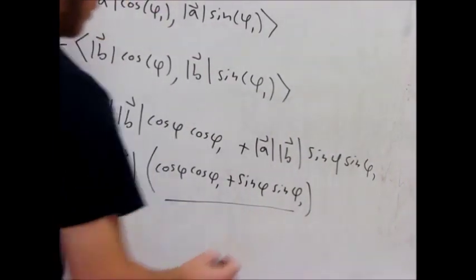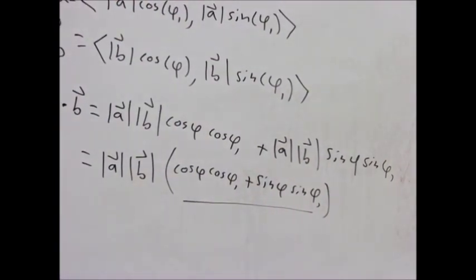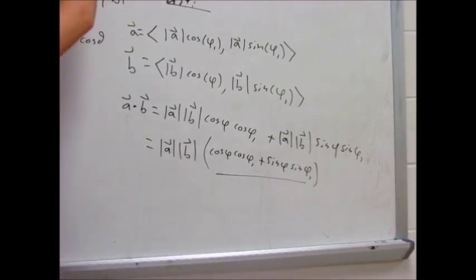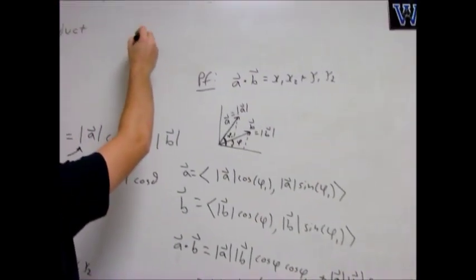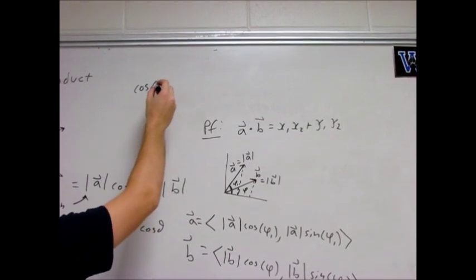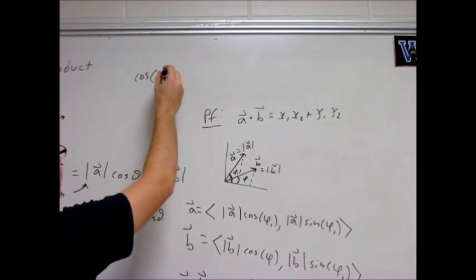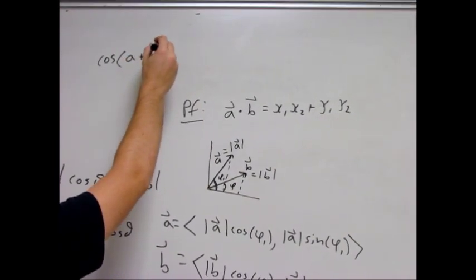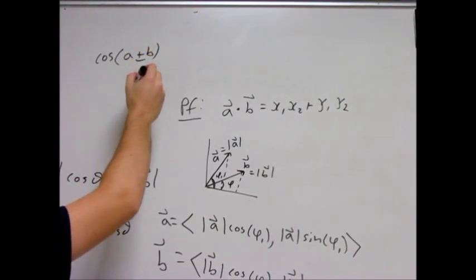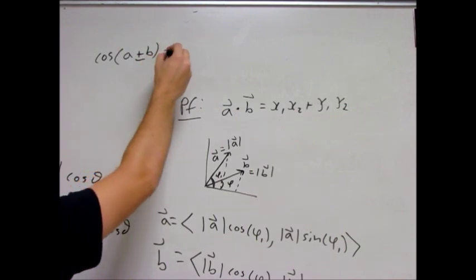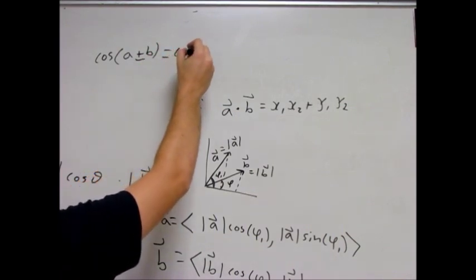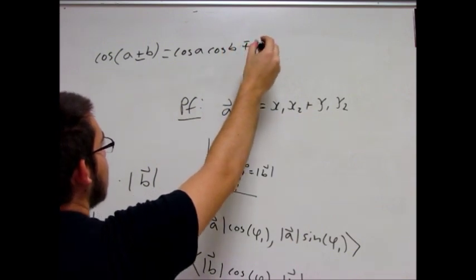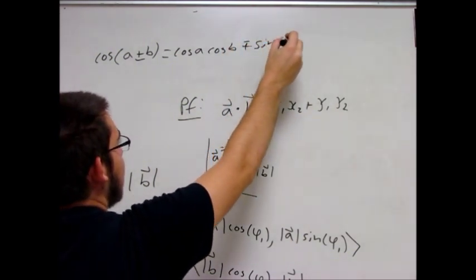Now this over here, if you remember or if you know the cosine angle sum formula, there's a sum of an angle, for example, a plus or minus b, will give you cosine a cosine b minus plus sine a sine b.